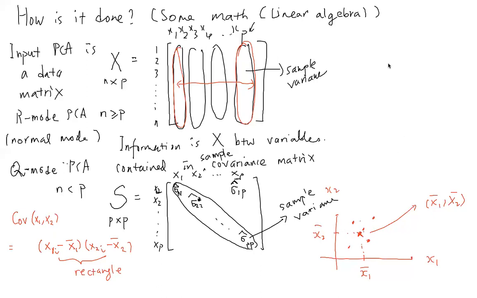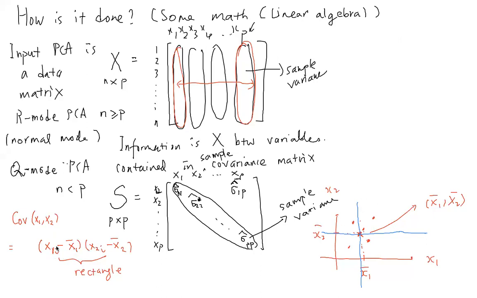If you center your data like this, imagine there's a horizontal line cutting through your centroid. Then you can construct these rectangles. What are these rectangles?